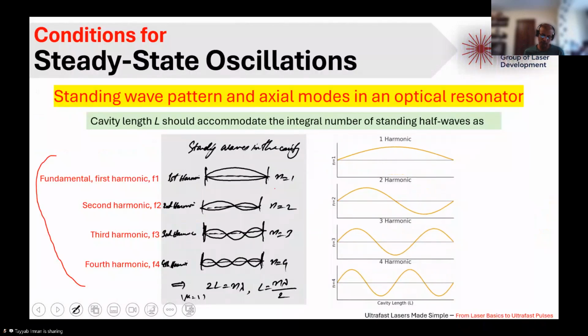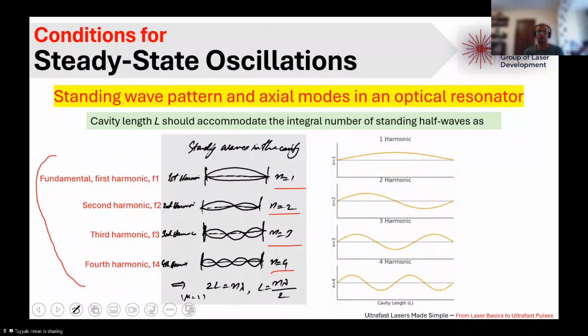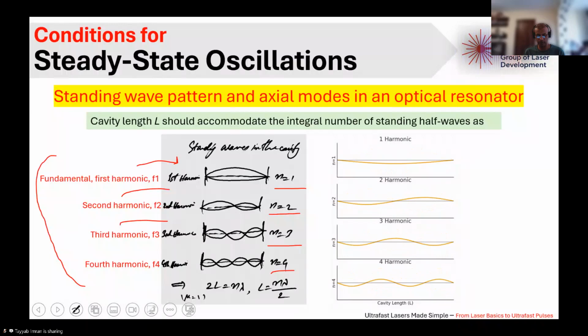If you have N1, N2, two nodes here, N3, three nodes here, N4. If there is N1, we call it the fundamental, the first harmonic. If there is N2, then we call it the second harmonic, F2. If there is a third one, we call it the third harmonic, F3. And if there is a fourth one, we call it the fourth harmonic, and so on, fifth harmonic, sixth, seventh, whatever.